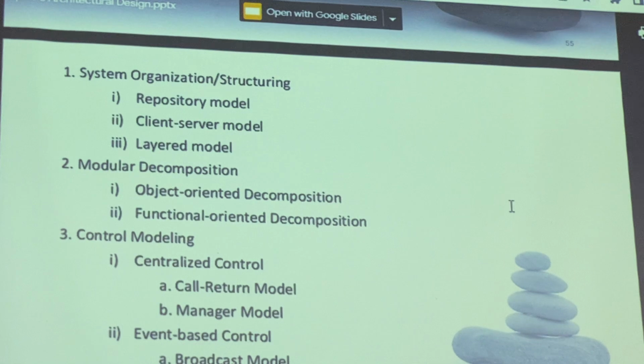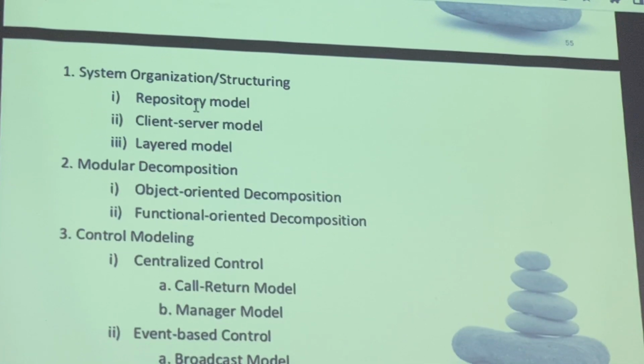So just now we have talked about the system organization. Now let's talk about the modular decomposition. The next activity in the architectural design process is the control modeling.